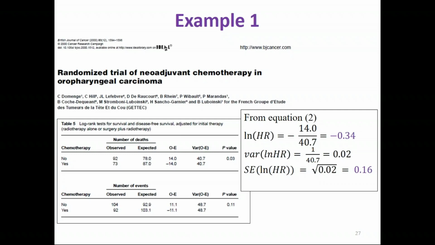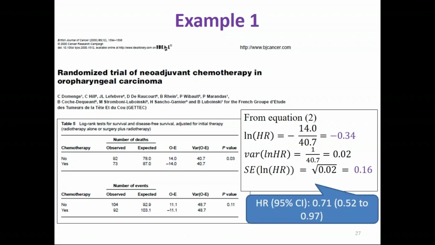So for this particular trial, we'd enter the log hazard ratio and the standard error values into RevMan, and it would calculate the hazard ratio and confidence interval for that trial, which gives us a hazard ratio of 0.71 with a 95% confidence interval ranging from 0.52 to 0.97.